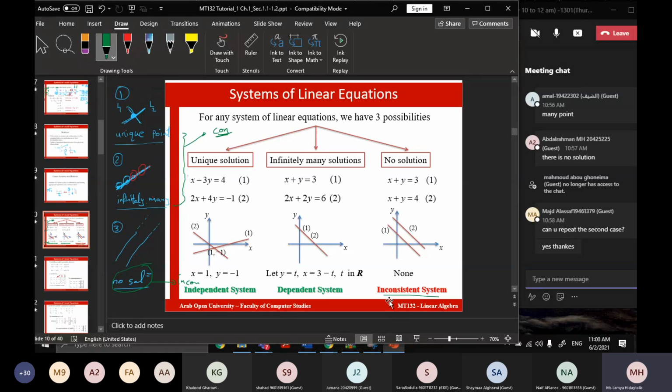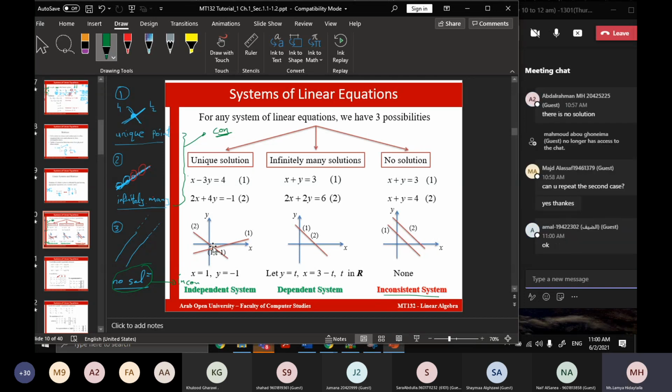Okay. Moreover, if there is a unique solution, like this case, we say that the system is independent. If there is one solution, it is independent. So you're going to get the solution just like the point (1, 3) or (1, -5), depending on the solution. So it is an independent system.